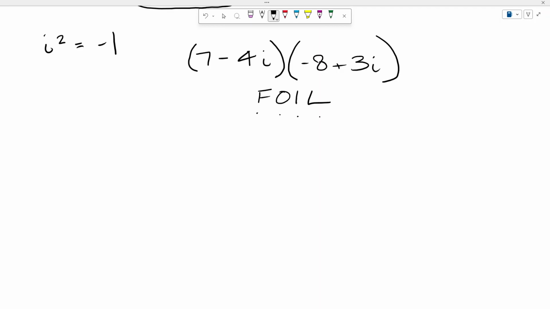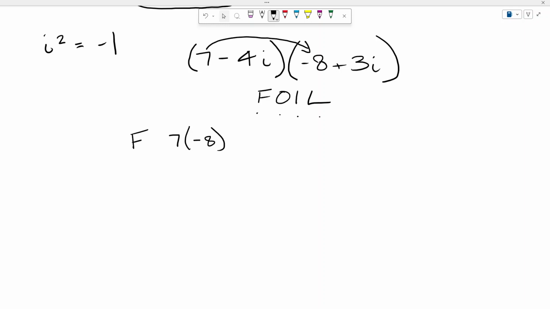First, outer, inner, last. So let's start with, so let's take the first terms. So we'll be taking 7 times -8. We'll write this out in case some of you are not familiar with the FOIL method. So we're taking the first terms. So we have 7 times -8.